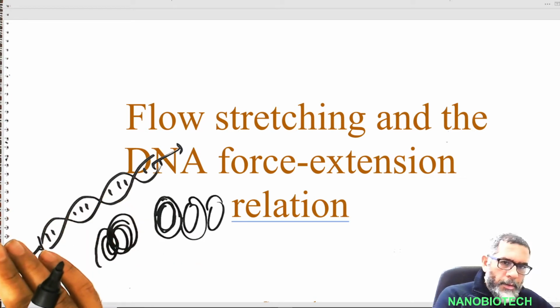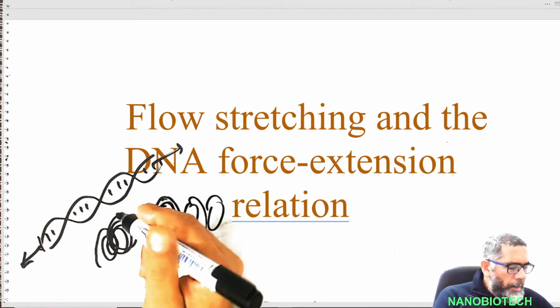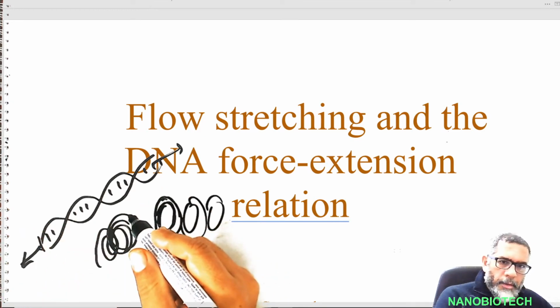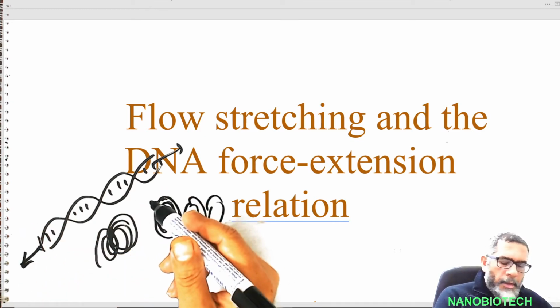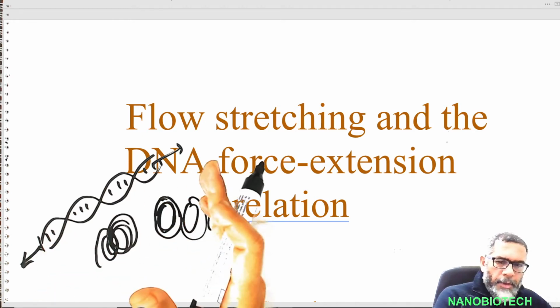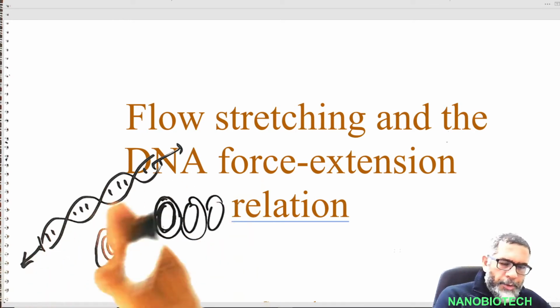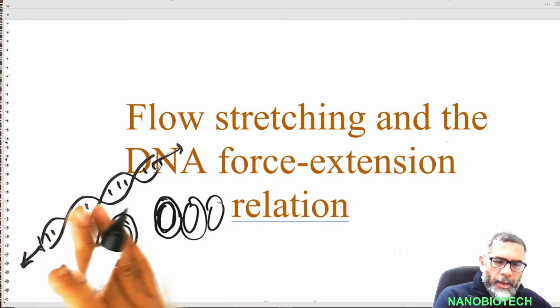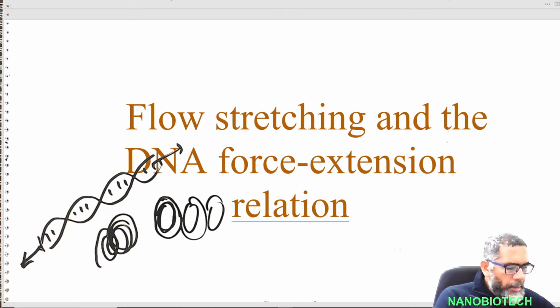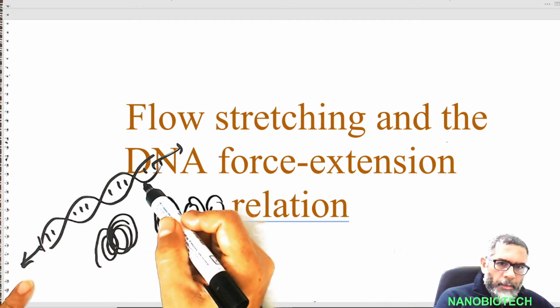Because the scientists are studying some forces during the copying of DNA, during the transcription, etc. There are many events going on with DNA.